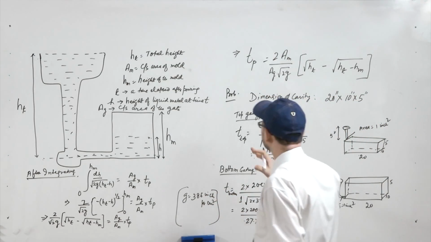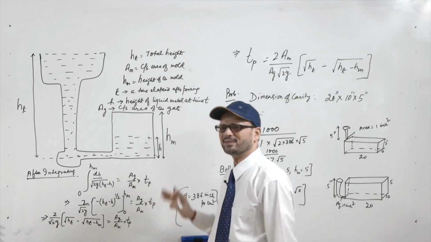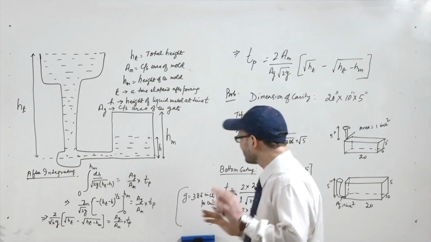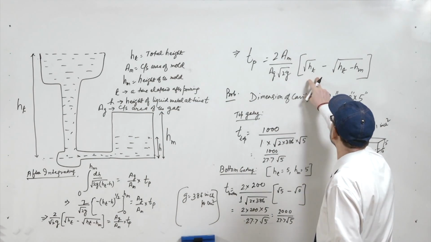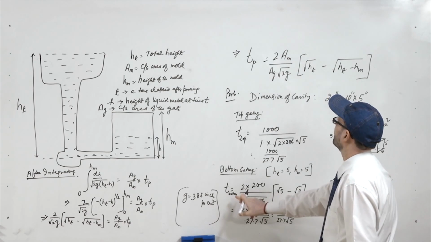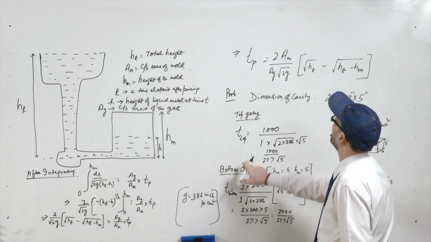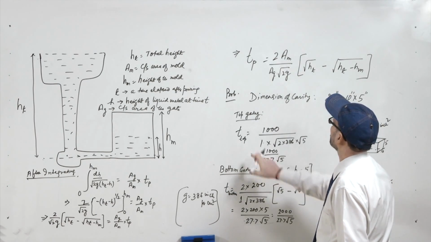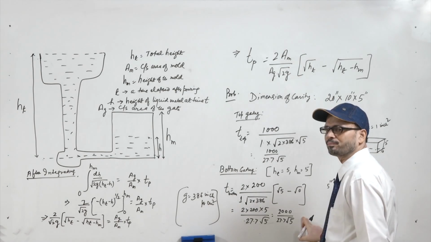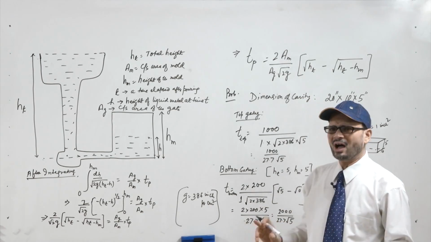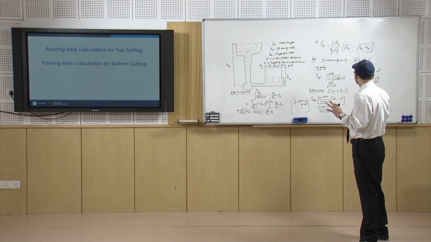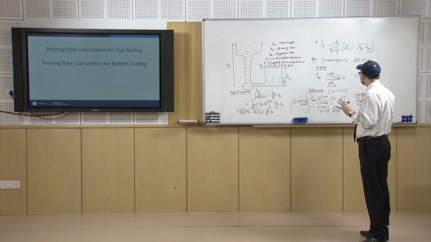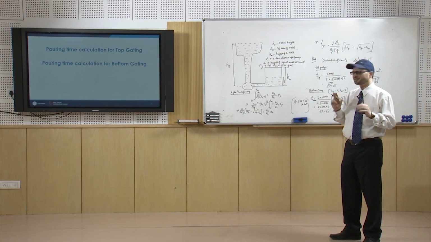In those cases the Ht and Hm will be different, and you can use this formula and find the value of the pouring time using the top as well as the bottom gating. So, this is how you calculate the top gating and the bottom gating pouring times.